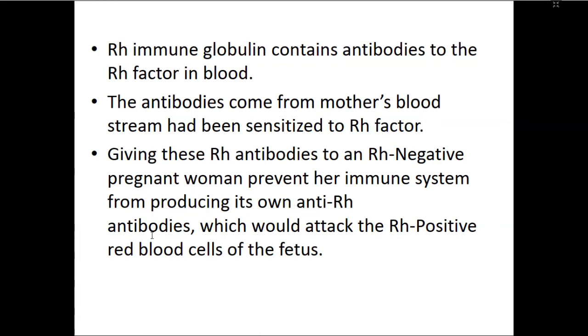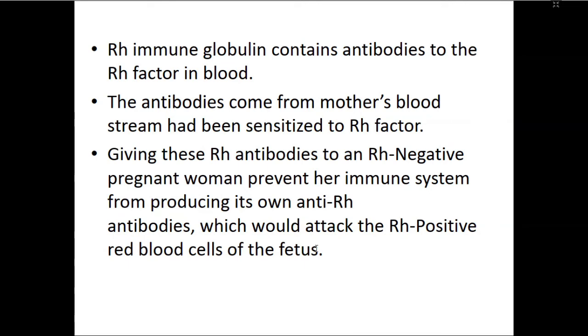Basically, Rh immune globulin is injected in the pregnant woman who is sensitized for the Rh positive blood. Means that there are circulating anti-Rh antibodies inside the mother. So this Rh immune globulin blocks the way the Rh antibodies are produced and prevents attack to the Rh positive red blood cells of the fetus.